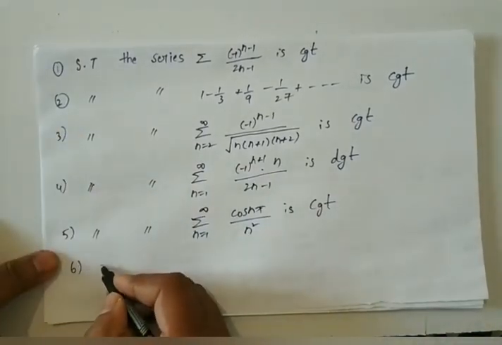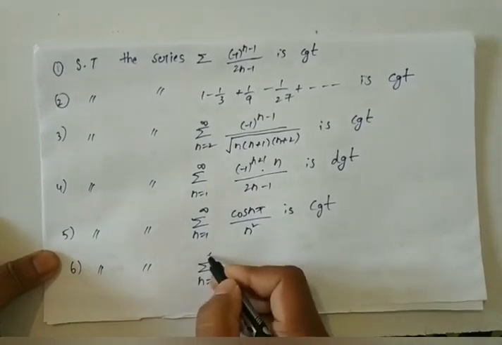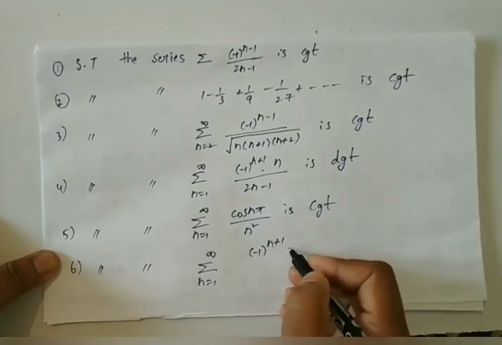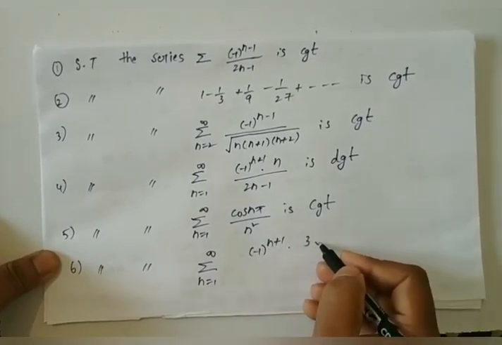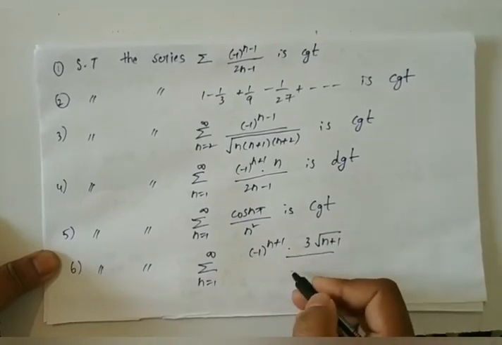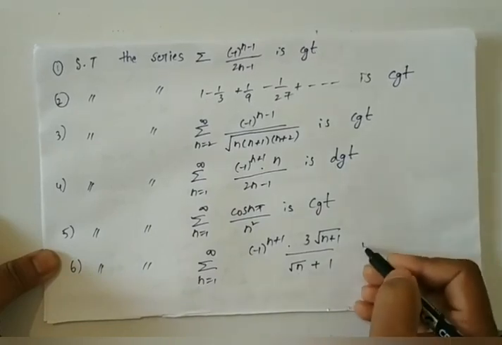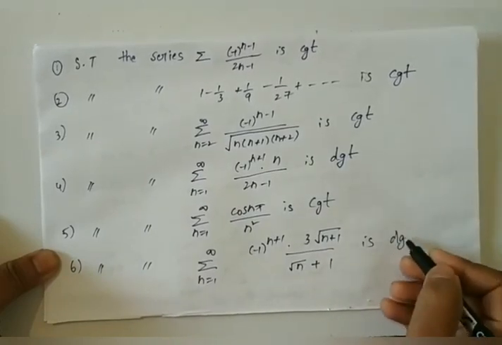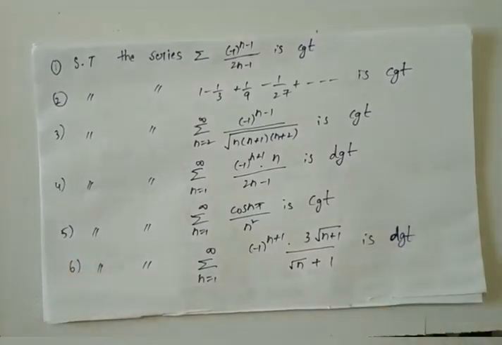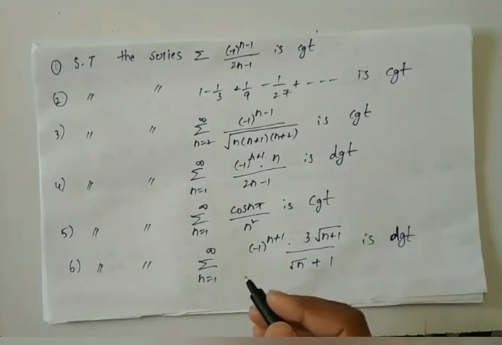Sixth one, show that the series summation n equal to 1 to infinity (-1)^(n+1) into cube root of n plus 1 by under root of n plus 1 is divergent. Please do these problems, very easy, alternating series test.